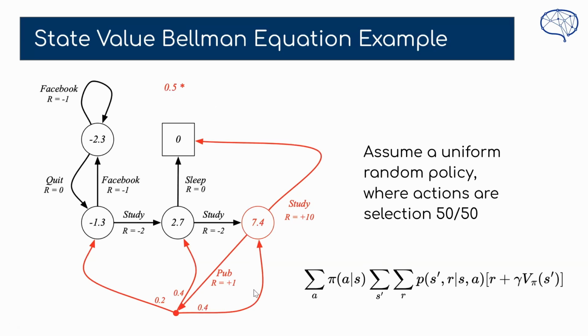And then the next thing is the probability of your transition function right here. Let's say that these numbers are your probabilities of going down these paths. So let's do the first one right here. You have a probability of 0.2 of going to this negative 1.3 state. And for all the rewards here, no matter which state you end up in, you just get a reward of 1.